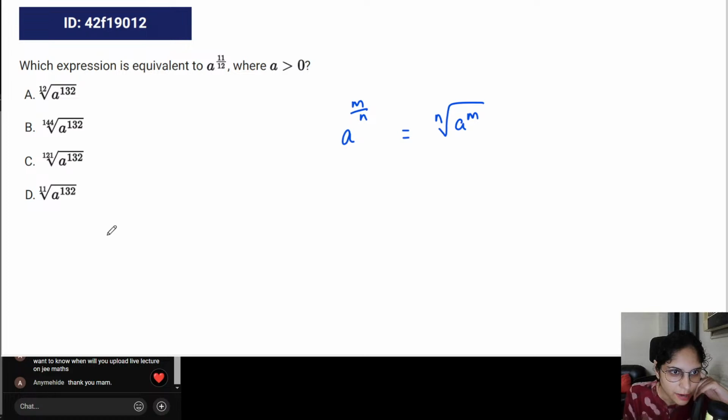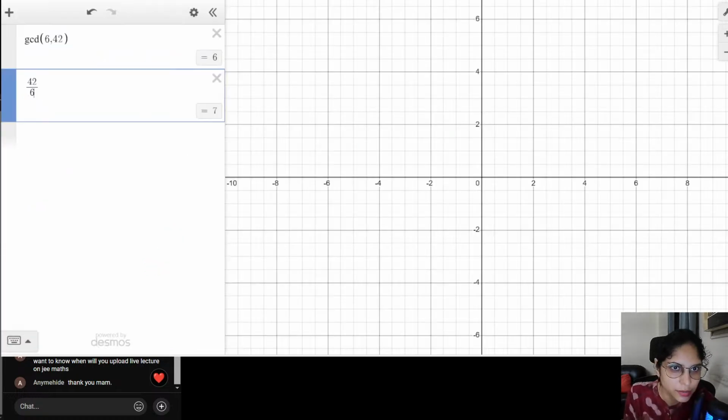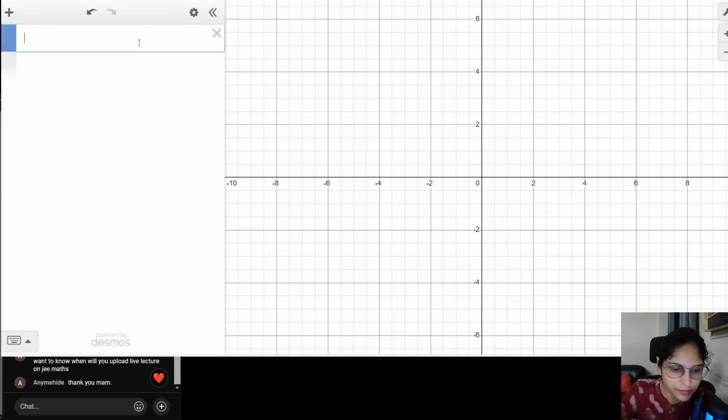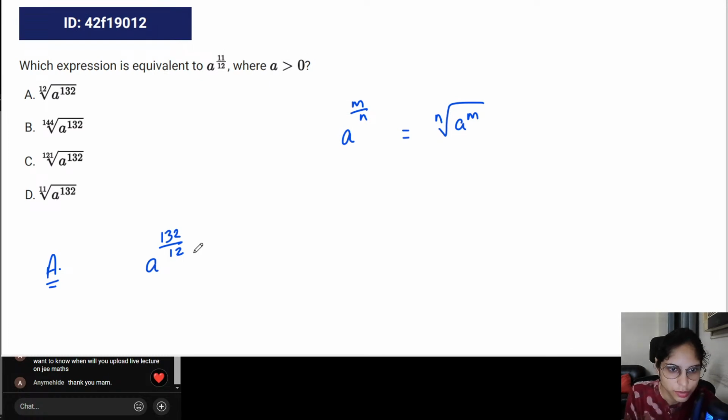So over here, you will have to check the options. In option A, you will have a to the power 132 over 12. And you just do 132 over 12. Anyways, it's 11. So this is just going to be a to the power 11. I want a to the power 11 over 12. This option is gone.